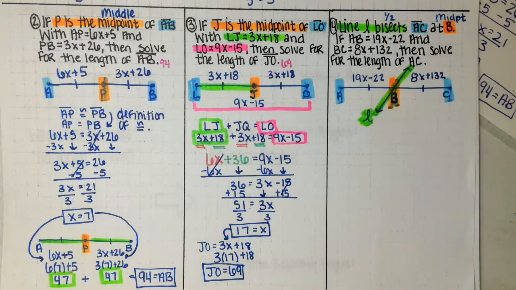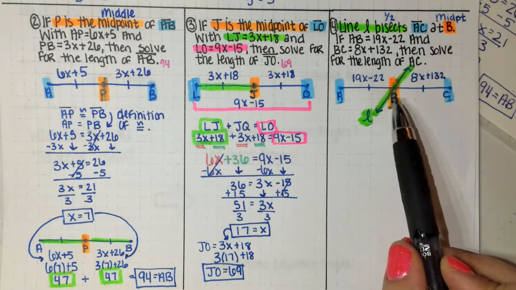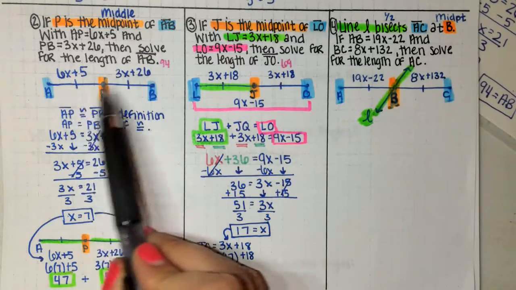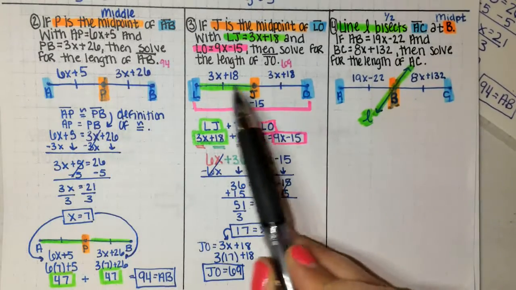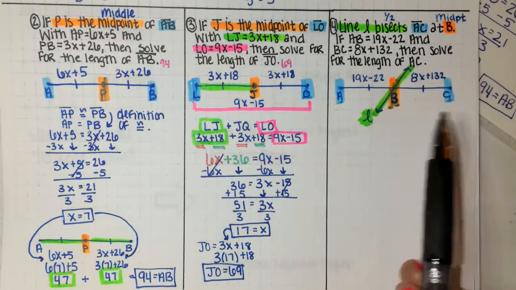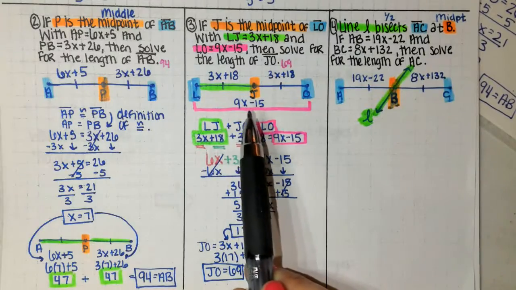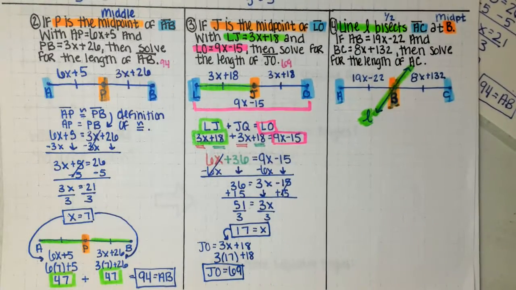So notice this problem, okay? Take a second and pause the video and just think about, would I set them equal to each other, or would I add them up to equal the full segment? So looking at this picture, do we set them equal, or do we add them together to equal the whole piece? The correct answer is to set them equal.